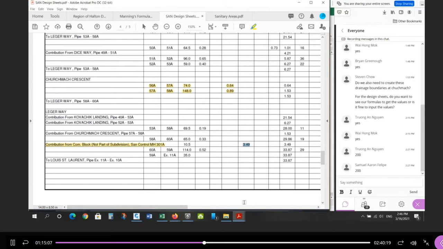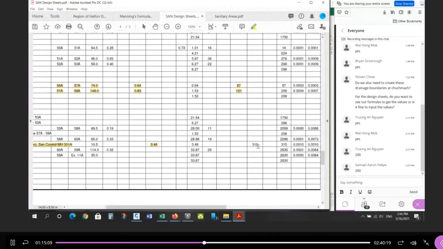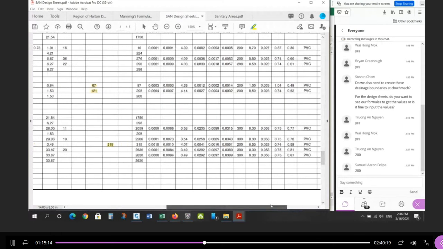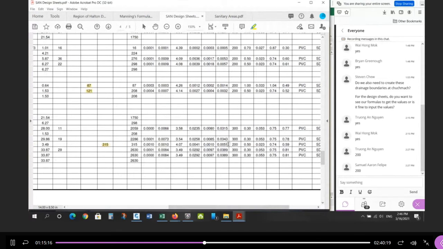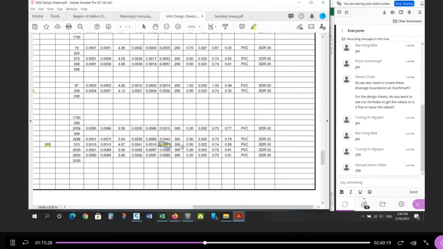There's the 3.49, and then they calculate the population to be 315. And if you continue to look on this, you'll see the expected flow is 5.1 liters per second. We're going to calculate, and I'm pretty sure ours is going to be less. So this existing pipe, the 200 at 0.5% that's in the ground, should have the capacity to take whatever we do, because I'm predicting we're going to do a lot less than this.